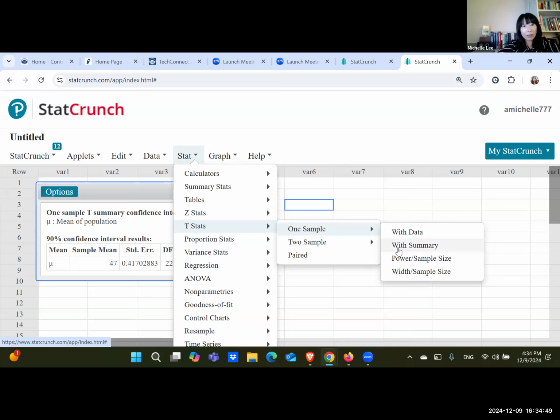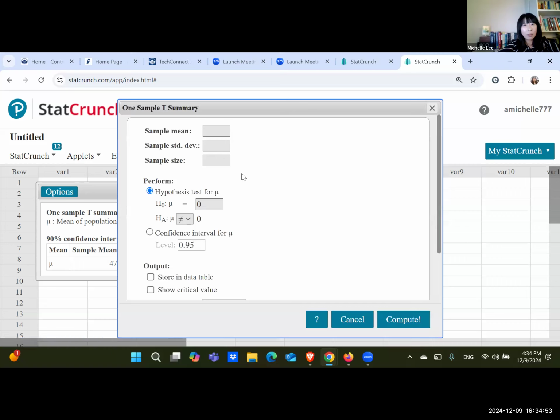Yeah, click that. And then fill out the mean, standard deviation, sample size, what they give us, right? And then confidence interval. I believe 95% there. Sorry, 90%, right? So that's how we got it here, okay?